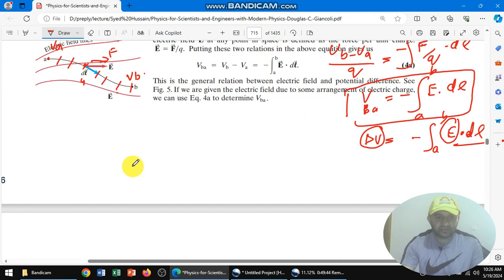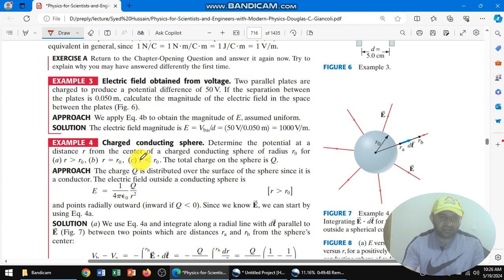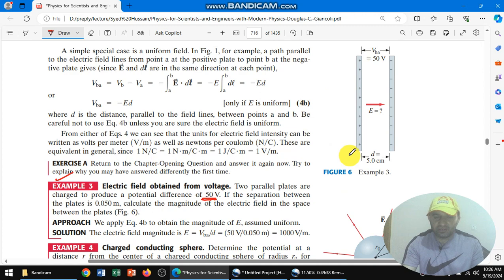Okay, let me explain by solving example 3. Here we have two parallel plates. The potential difference between the plates is 50 volts, as given here on the right side.